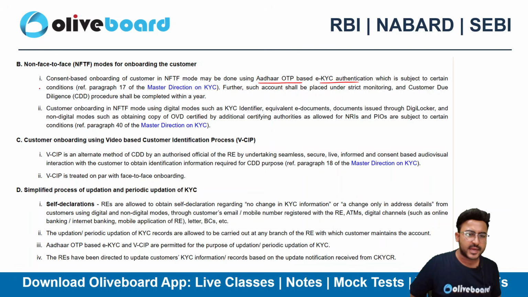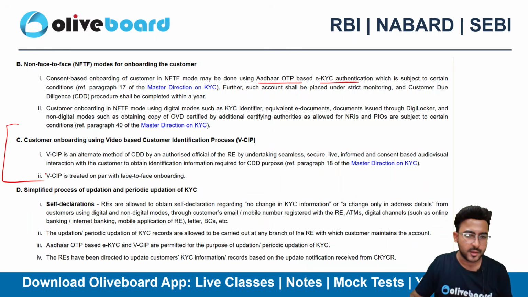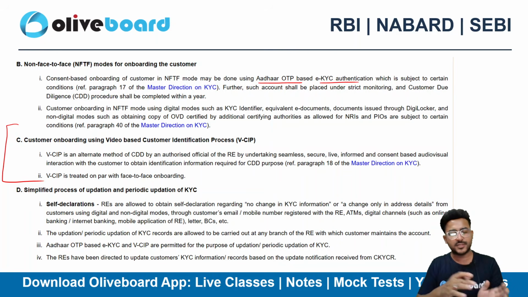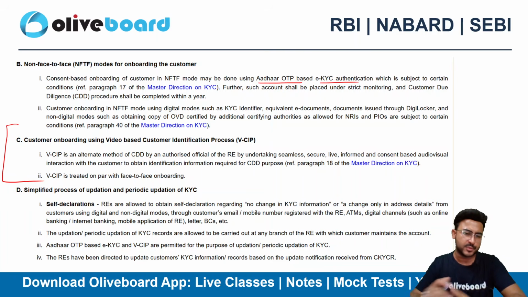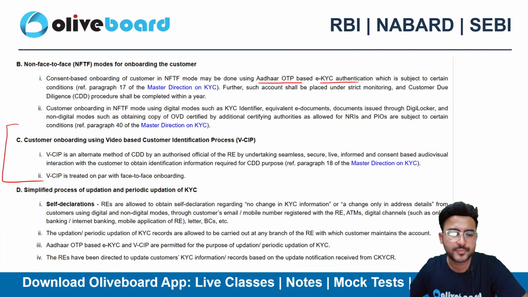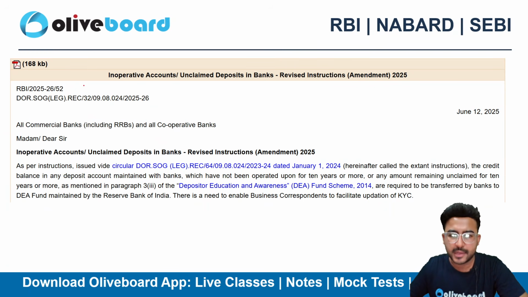Similarly, there is a different case, like you can do it via video based customer identification process as well, whether it's face to face or you are onboarding the customer non face to face. So definitely processes depend on a case to case basis, right?